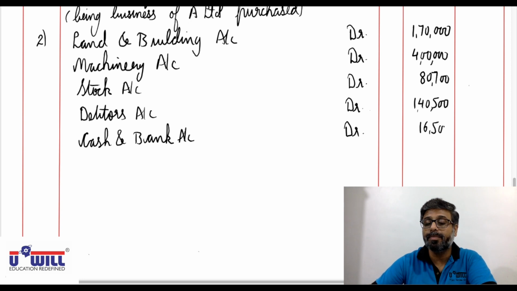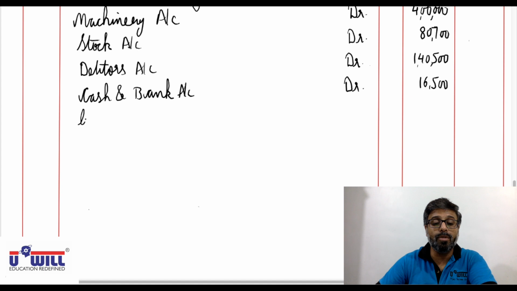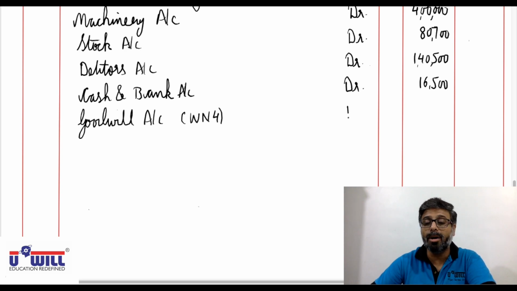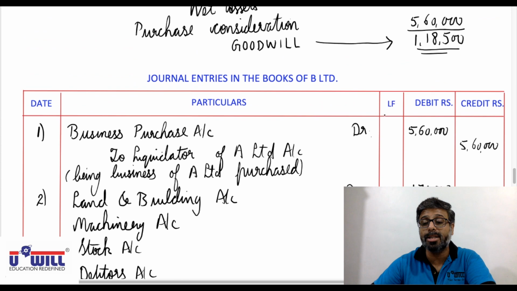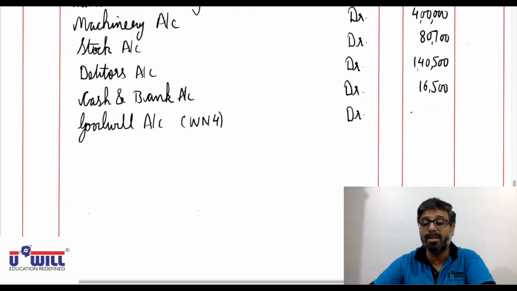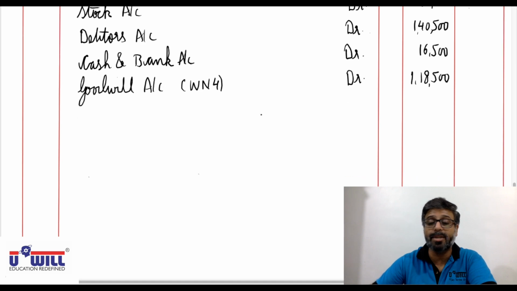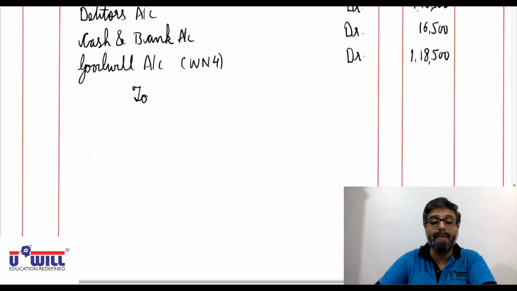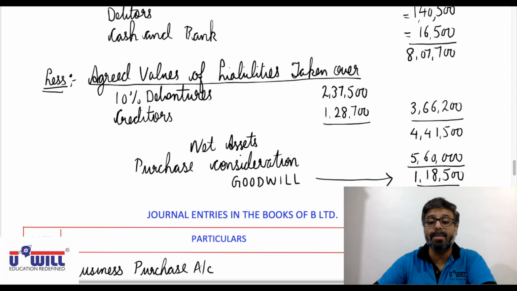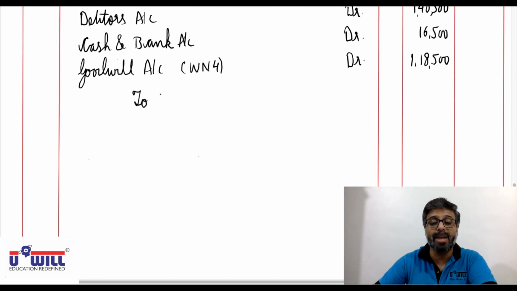Then without fail, goodwill account debit. Okay, goodwill account, working note 4. The amount what we have obtained for goodwill is how much? 1,18,500. Without fail, don't forget to include that in this entry. Then two liabilities accounts, so 10% debentures 2,37,500.